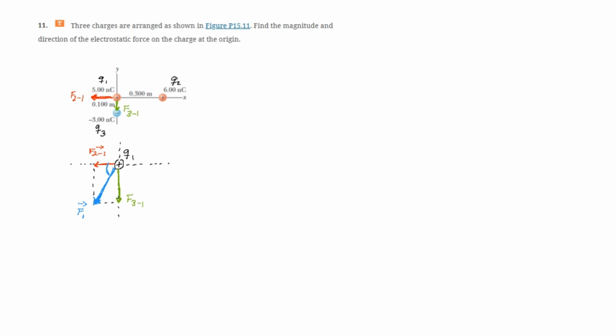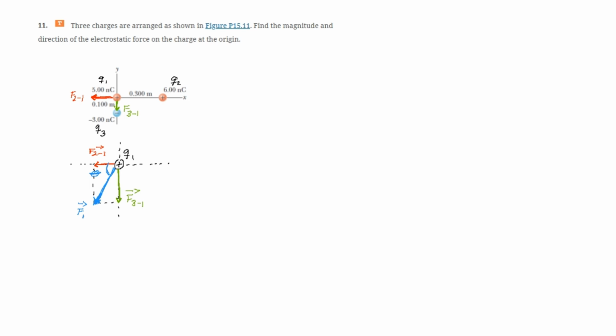So what I want to do in this problem is find the magnitude of the force F sub 1 and the angle that the force F sub 1 makes with respect to the negative y-axis.